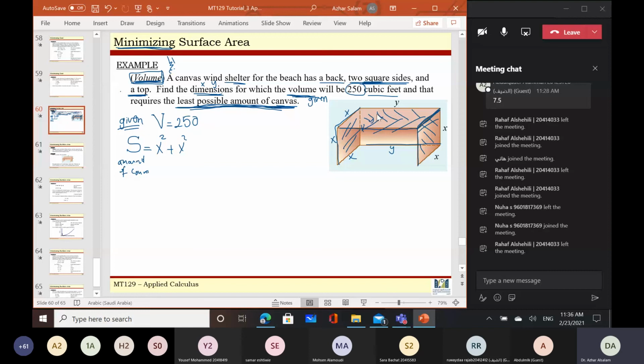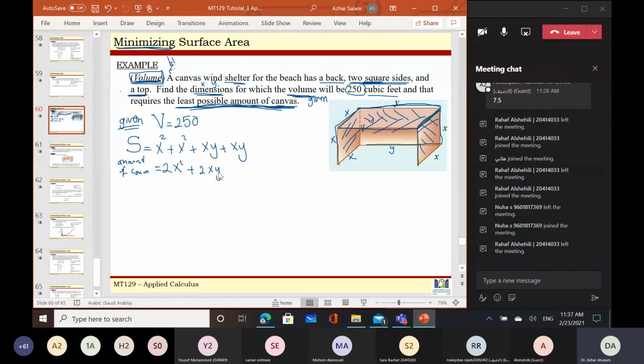Okay, the top side, it's a rectangle. It's x multiplied by y. So plus x multiplied by y. Also the back side will be y multiplied by x. So plus x multiplied by y. To simplify, I have here x squared plus x squared, 2x squared, and xy plus xy, 2xy.